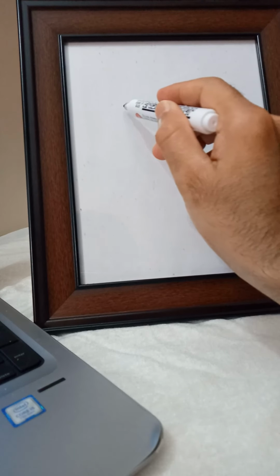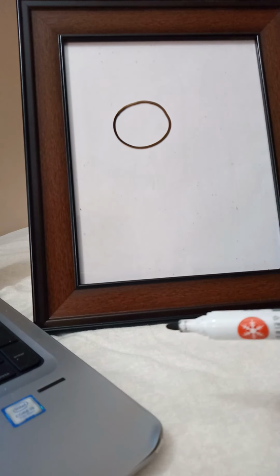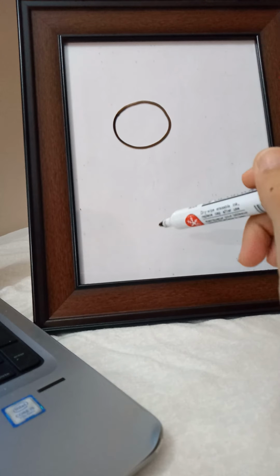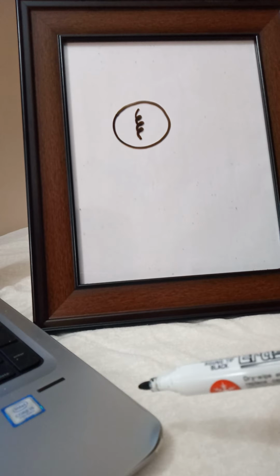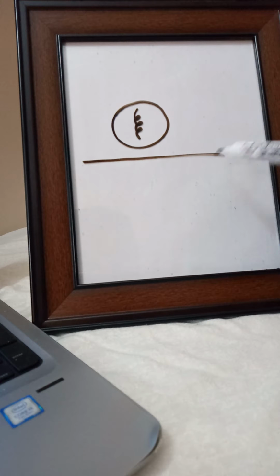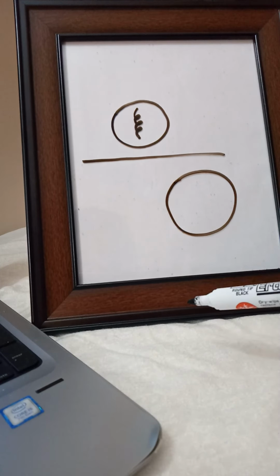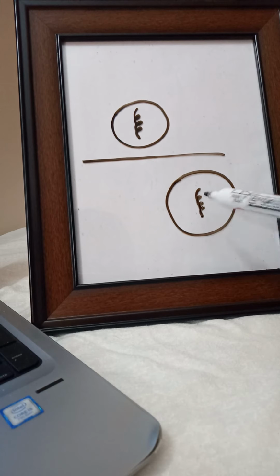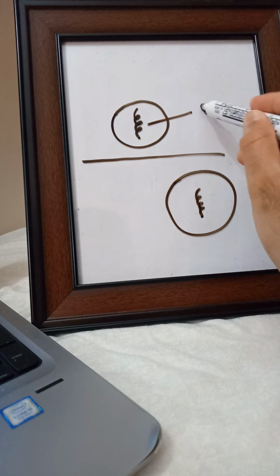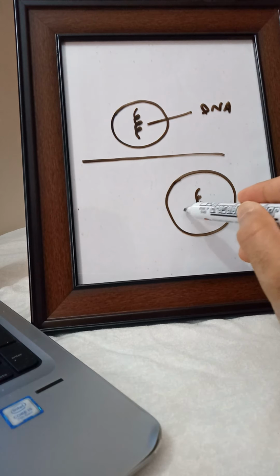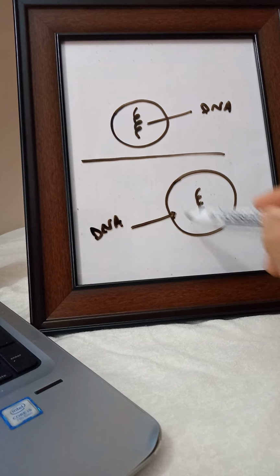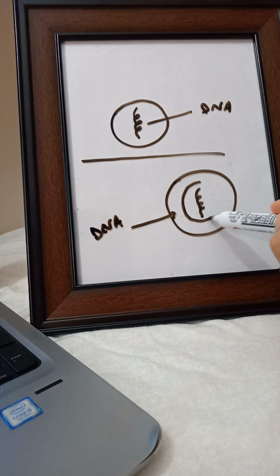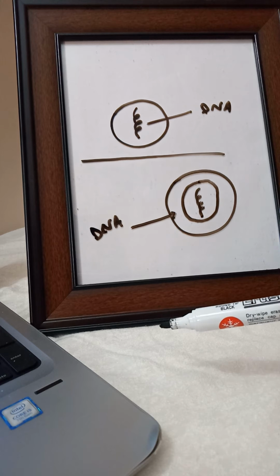Let's say I draw a cell here. You know that cells contain DNA. I draw the DNA inside the cell. Okay, I draw another cell here and draw the DNA inside. And in this cell, I cover this DNA with another membrane or layer.